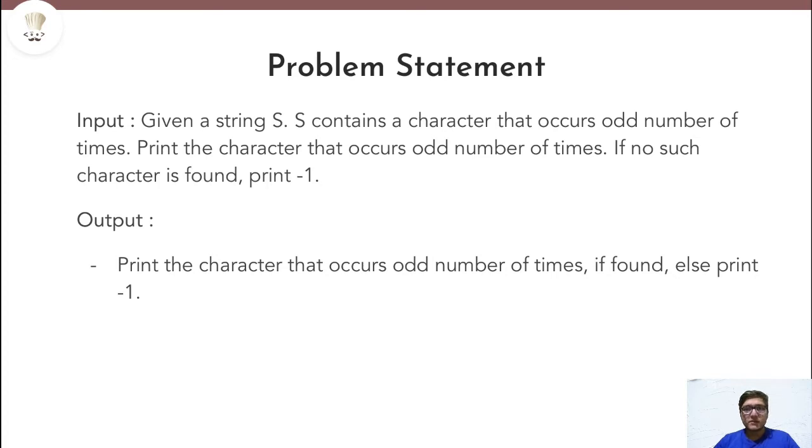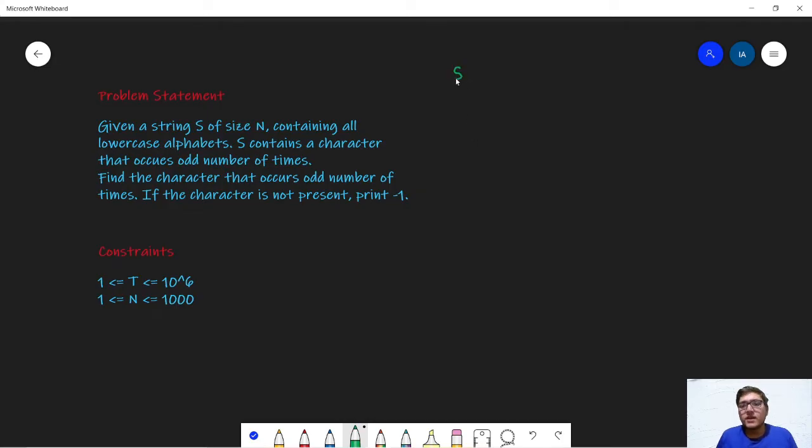With this, let's begin. In this problem, we are given a string s of size n. We are given that s of i belongs to a to z, which means that s of i can be a lowercase English letter. Now in this problem, we are given that s contains one character that occurs an odd number of times.